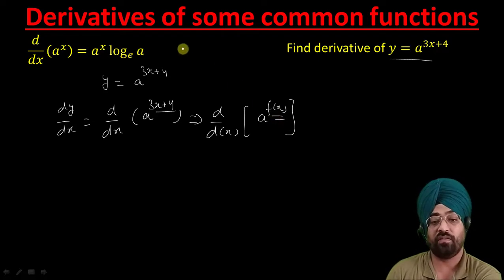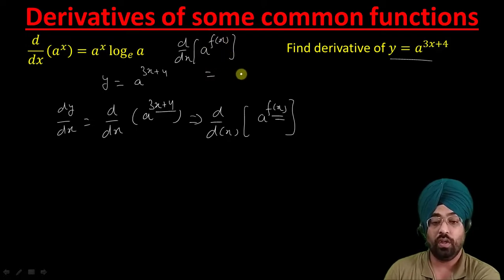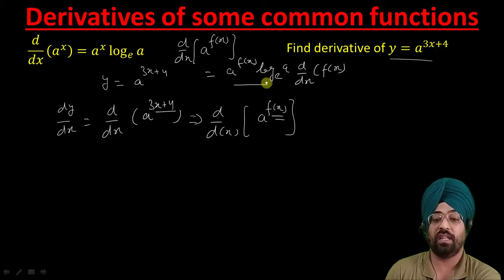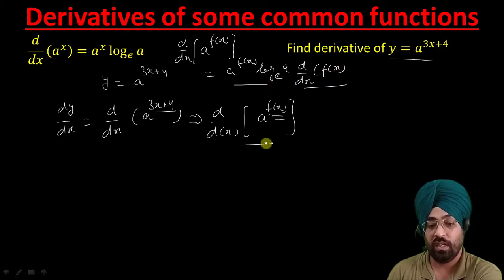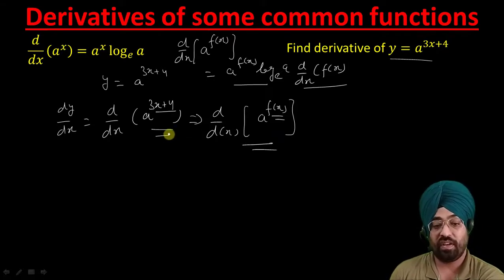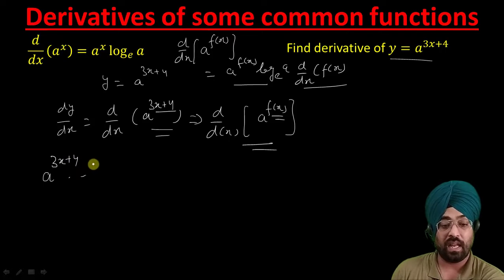Now we have to apply the formula that I have told you. dy by dx of a raised to the power f(x) is equal to a raised to the power f(x), then log of a with base e, then the derivative of f(x). So that is what you have to apply. Here f(x) is 3x plus 4, so the derivative is a raised to the power 3x plus 4 as it is, then log of a with base e.